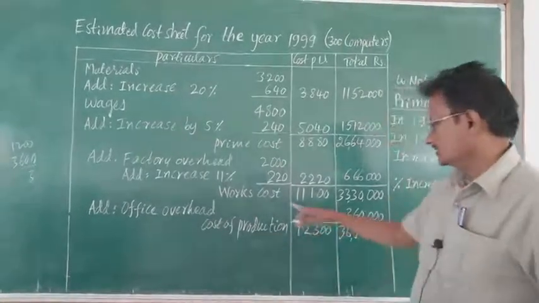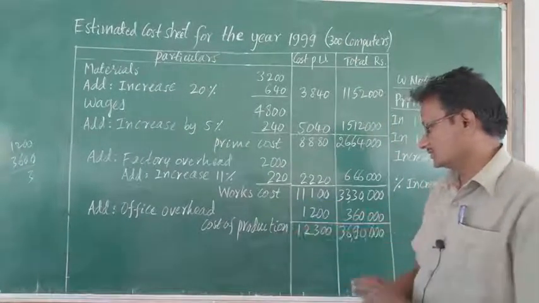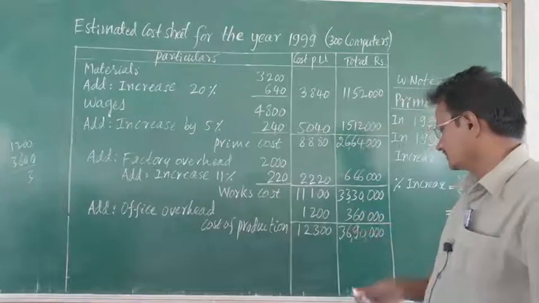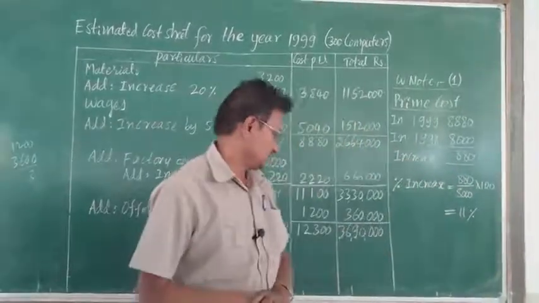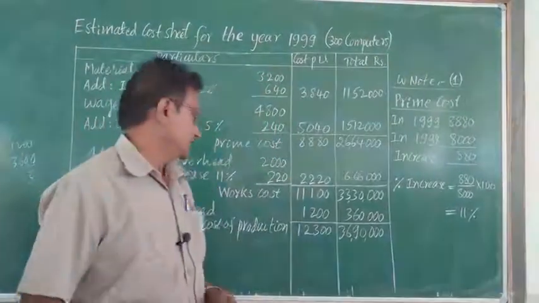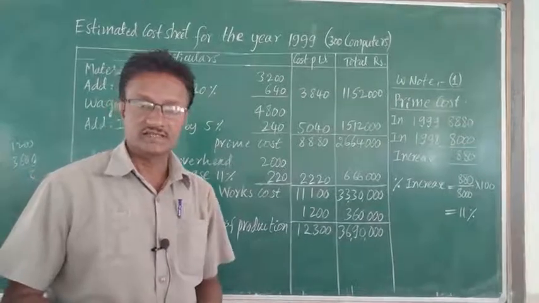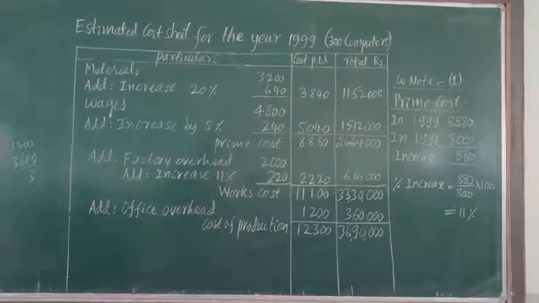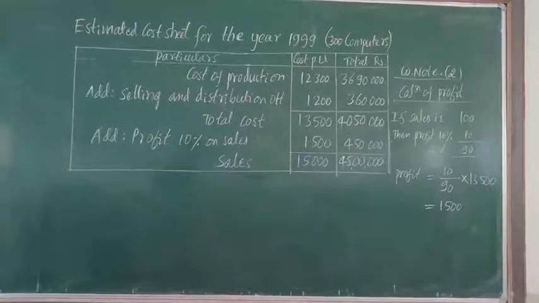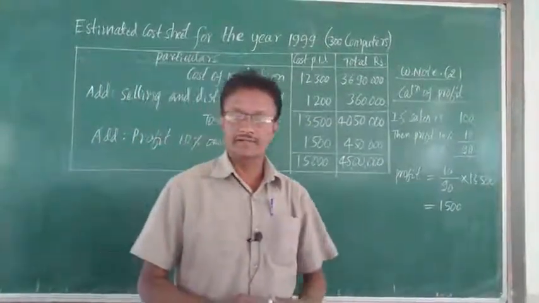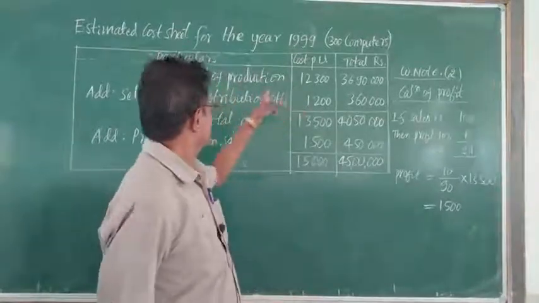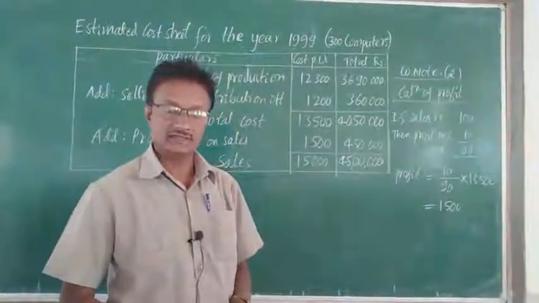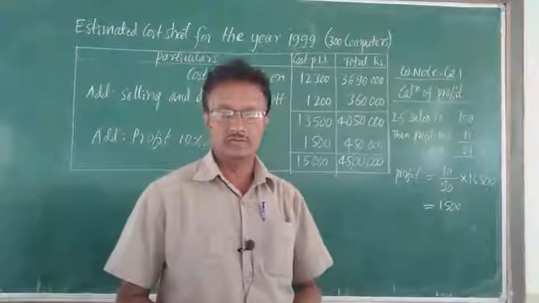Make the total of works cost and office overhead, it becomes 12,300, and the total cost of production is 36,90,000. Cost of production is 12,300 per unit.